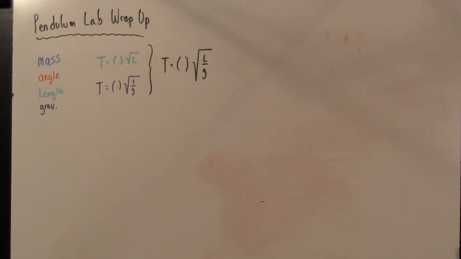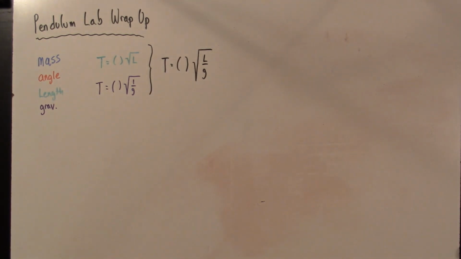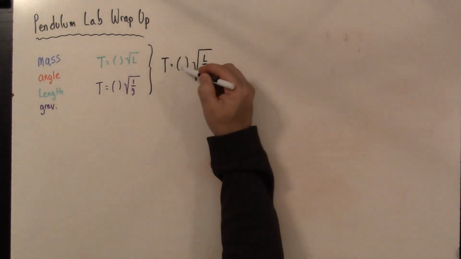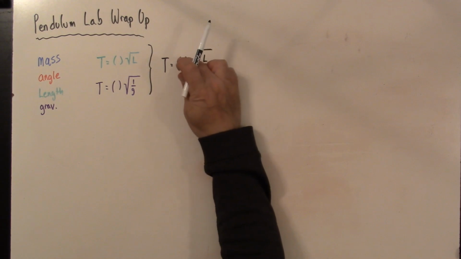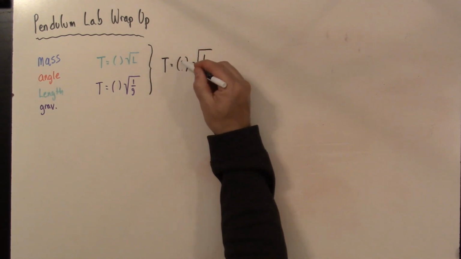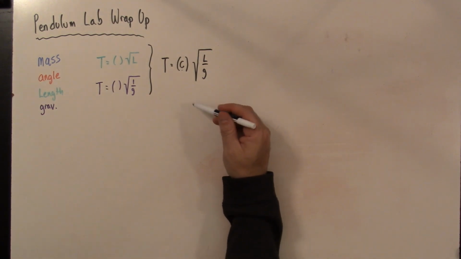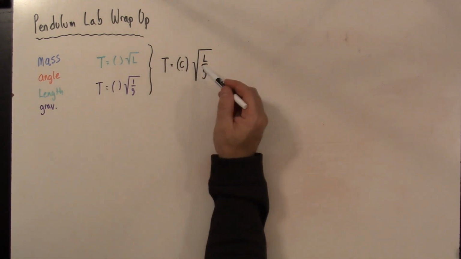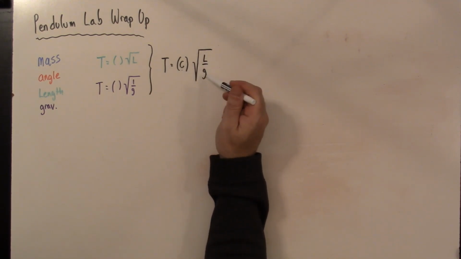And so the last thing we need to do is figure out the value of our coefficient. I'm going to use a capital letter C for coefficient in here, and we're going to see if we can't solve for it. The first thing we've got to do is get it by itself.